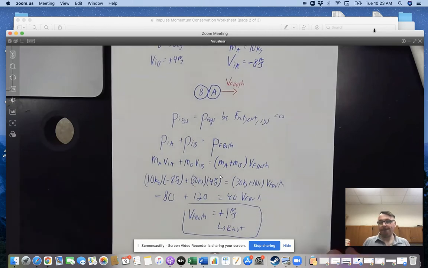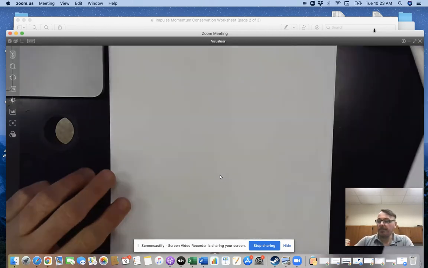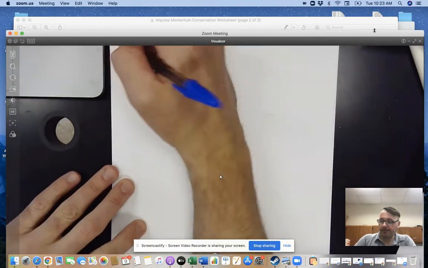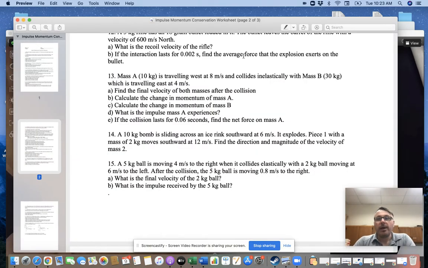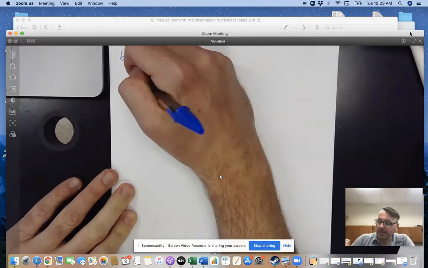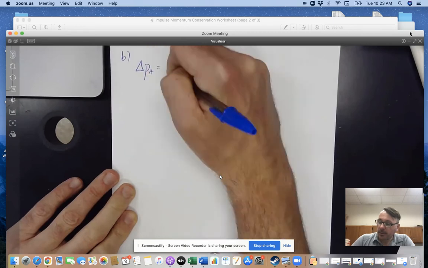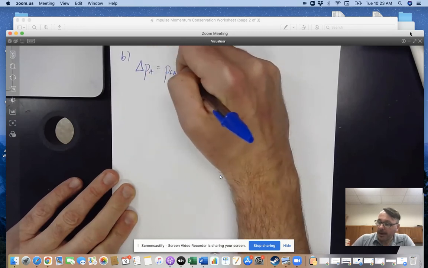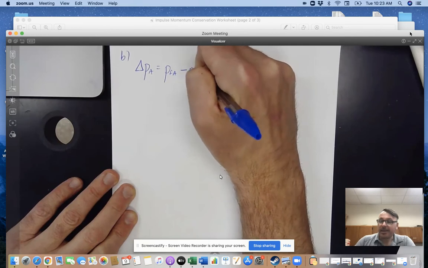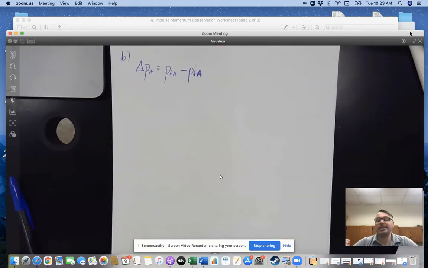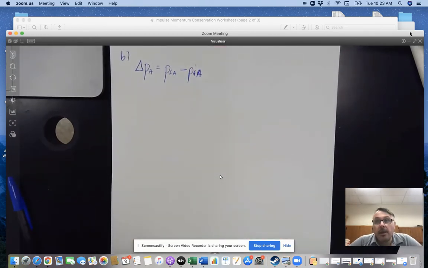Okay. So let's go to part B of this problem. And it asks, or I ask, what did I ask? Oh, change the momentum of A, change the momentum of B. Awesome. So delta PA is going to equal the final momentum of A minus the initial momentum of A. Now, here's something that people have a problem with during these inelastic collision problems.